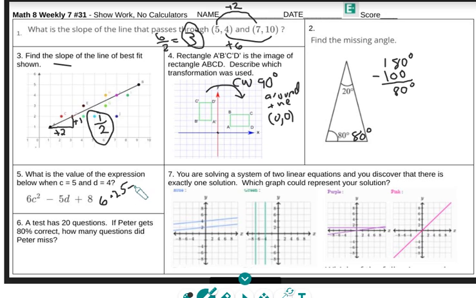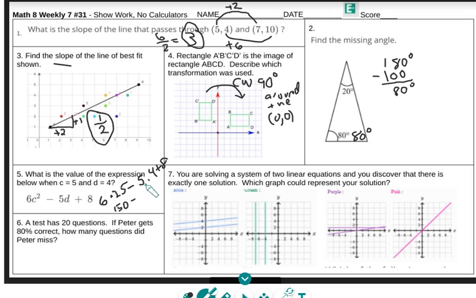Okay, and we need to subtract 5 times 4 plus 8. Let's do this math. I know that if I have 25 4 times, it's 100. So that means there would be 2 25s left over, which is 50. So this was really just 150.